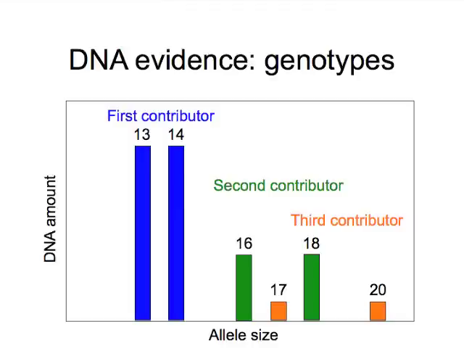That's the major contributor. Another contributor shown in green that has a lesser amount with an allele pair of 16, 18, and a third contributor with less DNA with an allele pair shown in orange of 17, 20. So this is what's in the tube. This is what's left on the sample, and we're trying to understand.